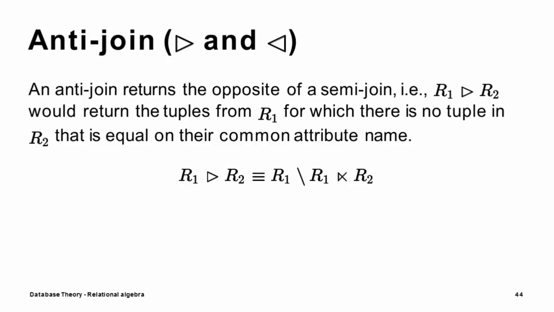That's the other way around. And if you have a look at that expression at the end, we have the congruence symbol, and to the right of it we have that difference symbol, the backslash. So you are semi-joining R1 and R2 and taking the difference with R1.